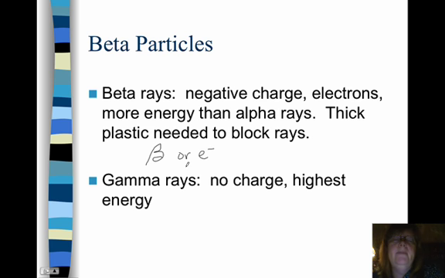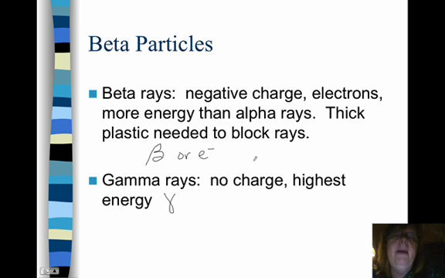radioactive rays. And then there are gamma rays, and gamma rays have no charge at all. They have the highest energy, and so when the neutrons were first discovered, they thought that possibly it was gamma rays. But they found out that this particle that was being emitted when they bombarded beryllium with alpha particles, some radiation was given off that had no charge, but the particle had a lot more mass than a gamma ray, and then they found out it was a neutron.